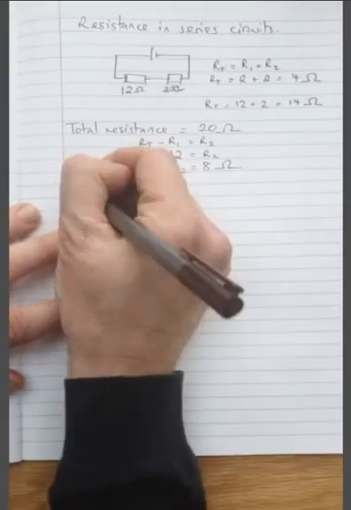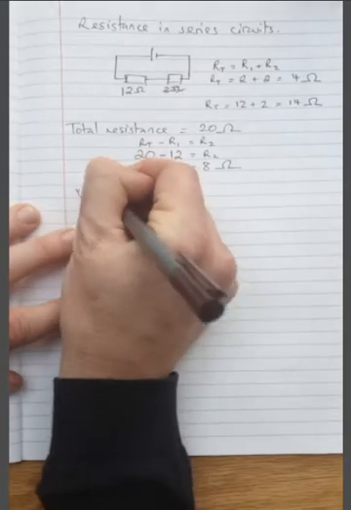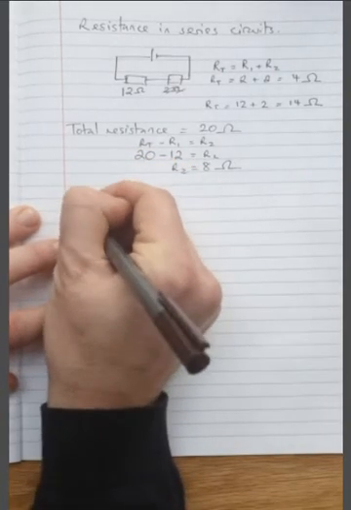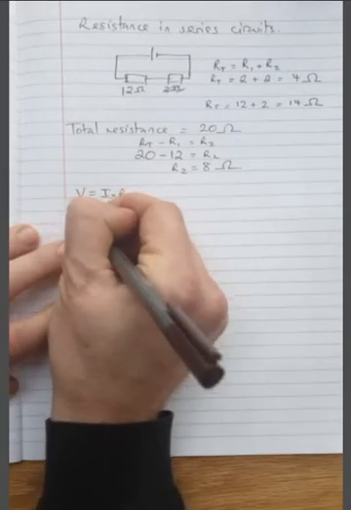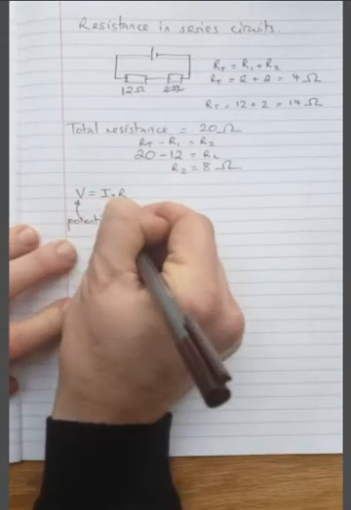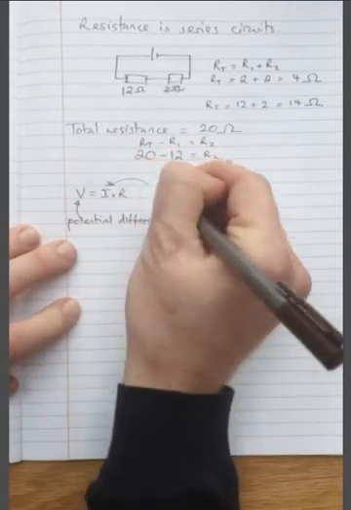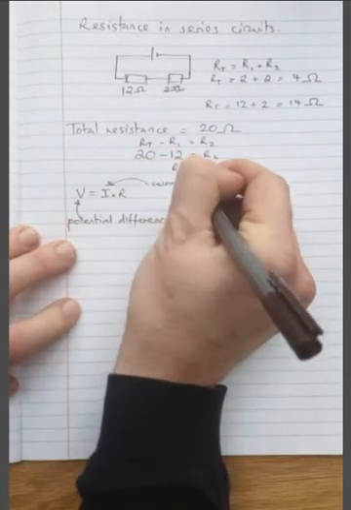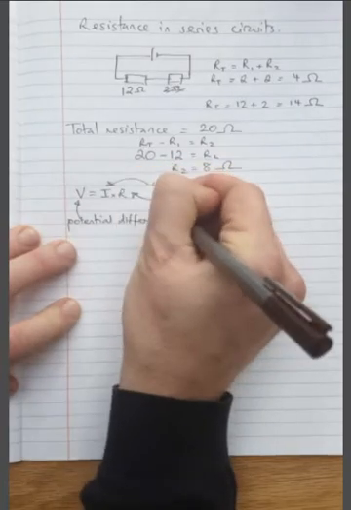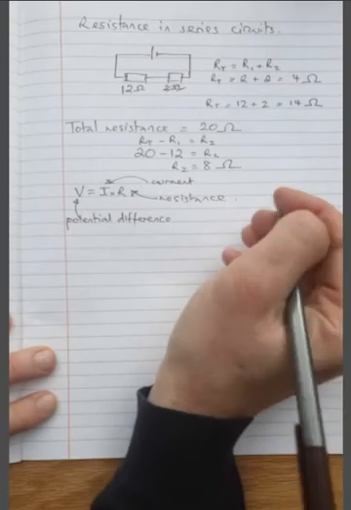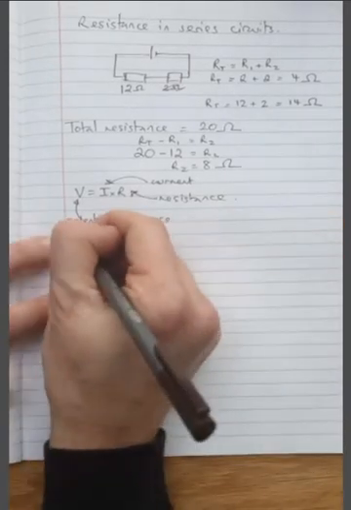We use the equation that we've mentioned before, V equals I times R, where V is our potential difference, I is our current, and R is our resistance. So let's have a go at this.